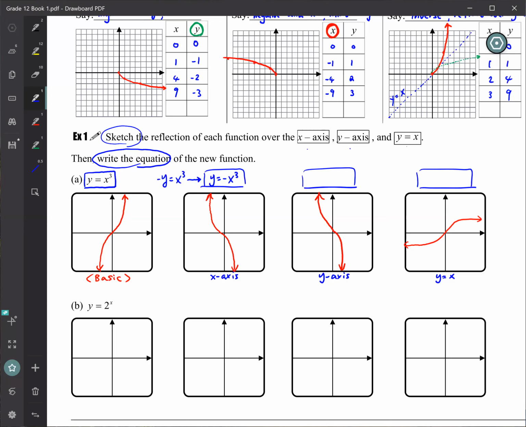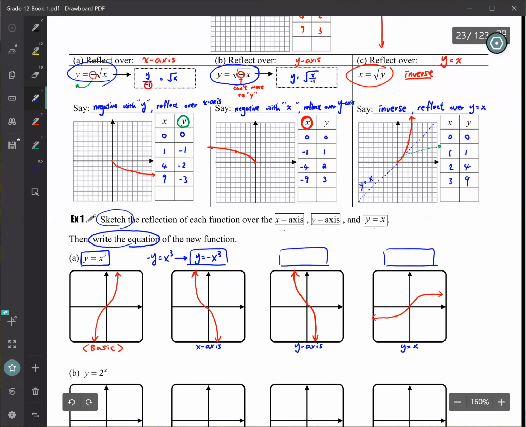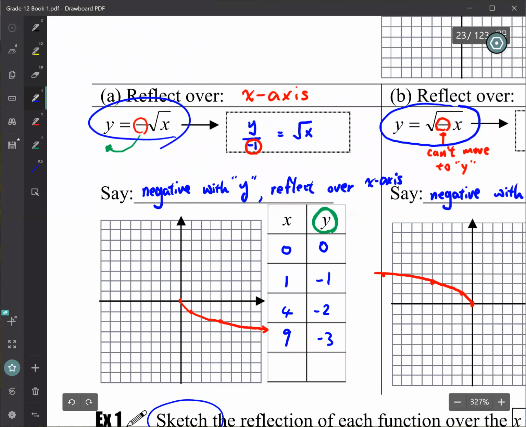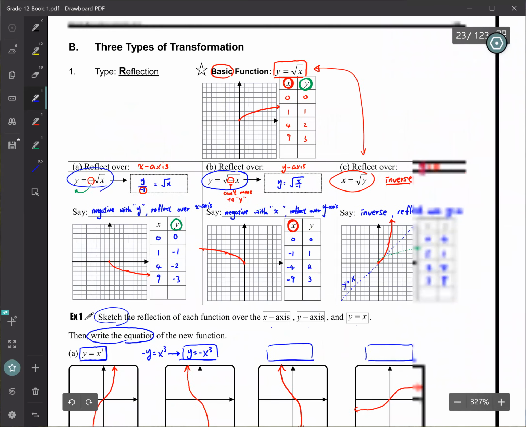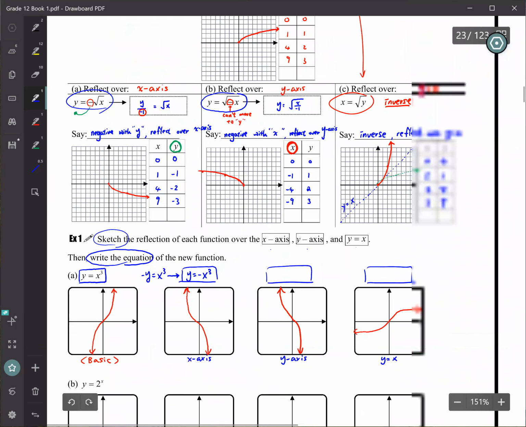But the function is always y equals when you want to write your final answer. So if they give you something that's already moved or not moved, for example the first one, then you move it so you can tell what happens. But the answer is always y equals.